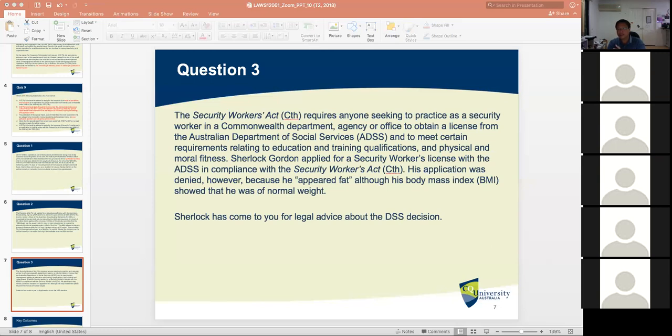That could be under Section 16(1)(c), or to direct the ADSS to grant him a license, which is almost similar to mandamus. But mandamus has to be distinguished, because if you speak of mandamus, you're talking of a public duty. There can be no public duty on the part of the ADSS to just issue licenses. That really involves a discretion, so it will be difficult to argue.